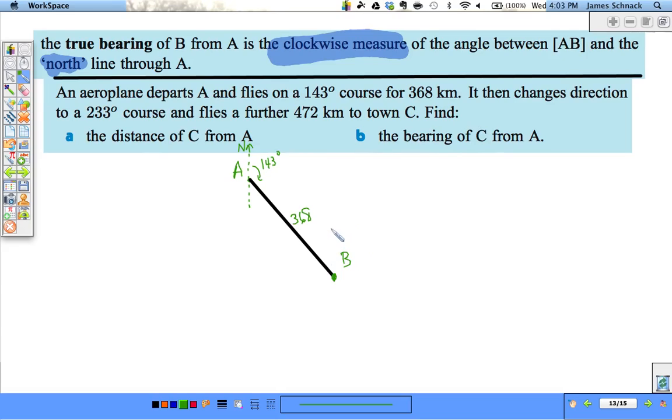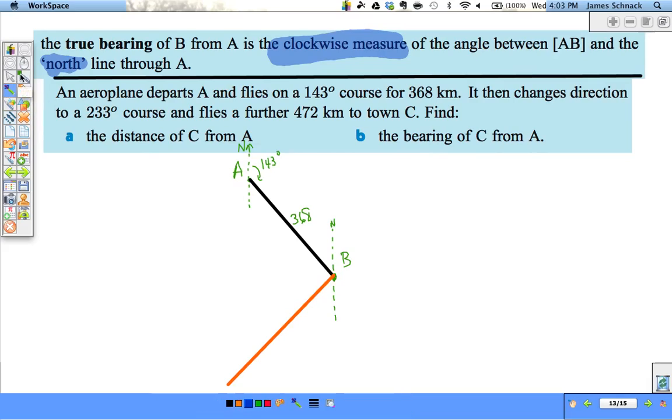Now, it's going to change direction, and this next bearing is going to be measured from north again. Remember, that's north. Make this one orange. So there's 0 degrees, 90 degrees, 180 degrees, and this would be 270 degrees. 233 is something like that.